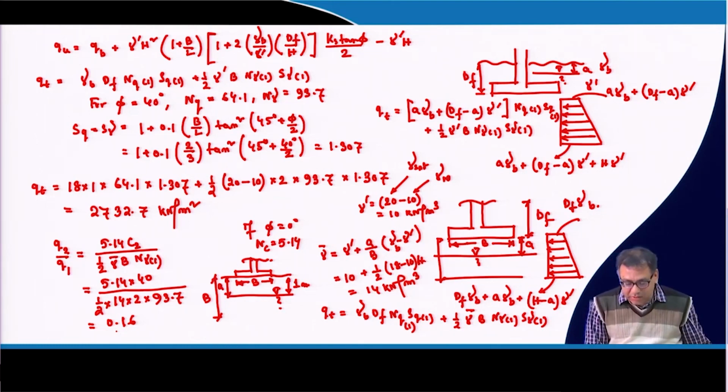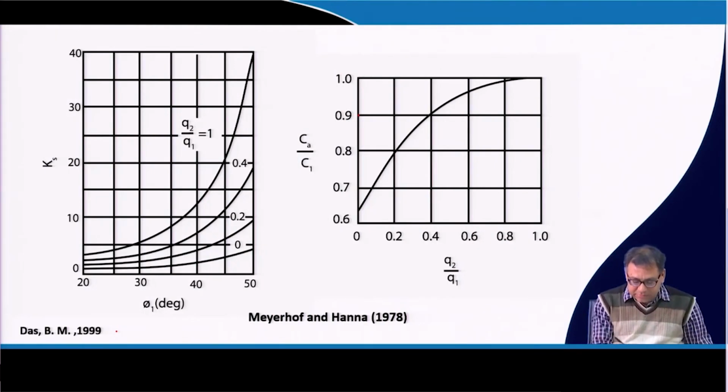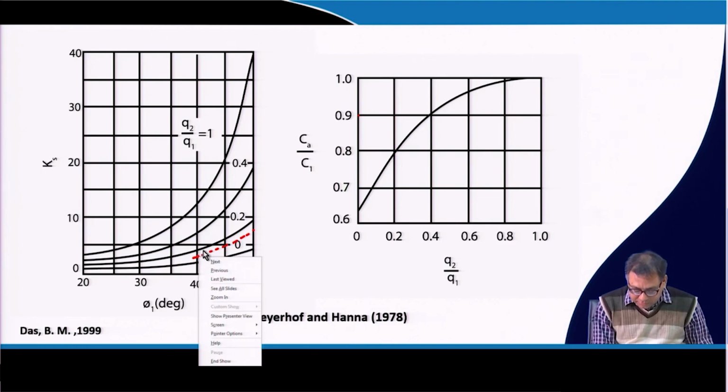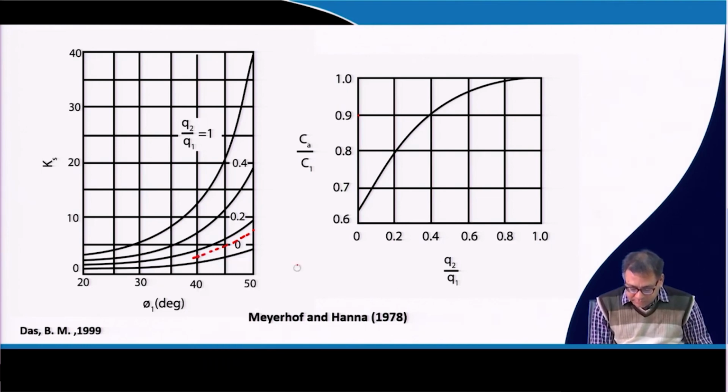Now, let us go to the chart. Now, this is 0.4, 0.2, this is 0. So, this will be 1 will be here, 0.1 will be here, 0.16 will be here. So, the chart and the phi value of the top layer is 40 degree. So, now if I draw a line which is like this parallel to the chart. So, that means this value is around this is a 2.5.